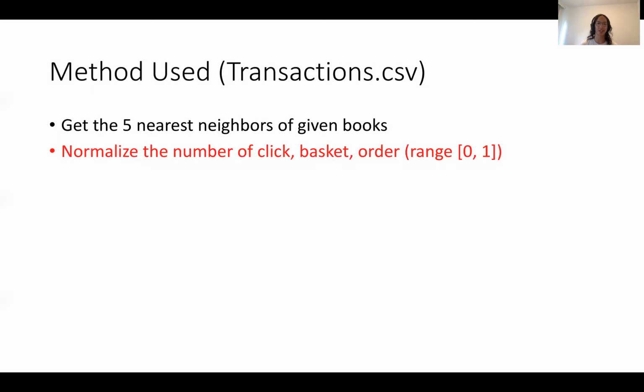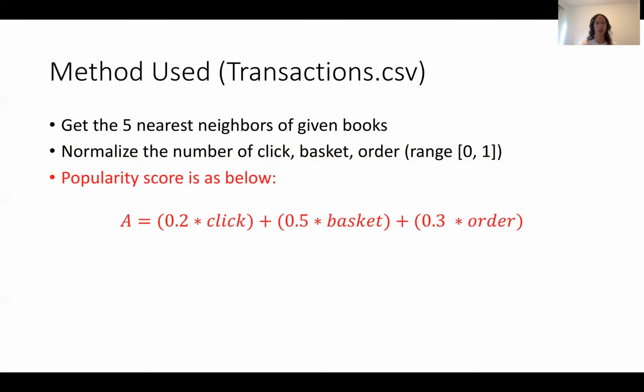For the transaction CSV, after we get the 5 nearest neighbors of a given book, we normalize the number of clicks, basket, and orders of those books into the range of 0 to 1, and then we use the popularity scores below.